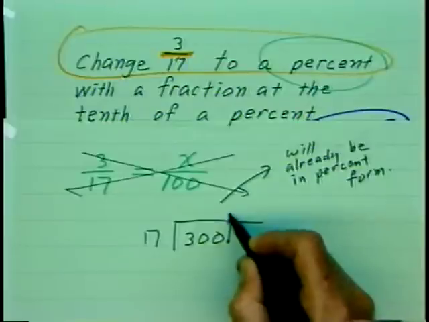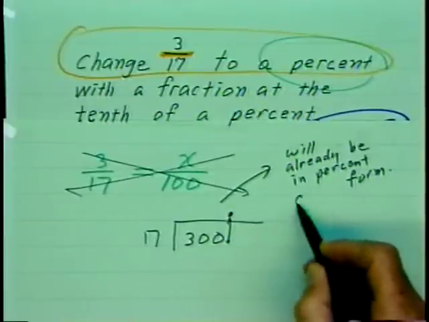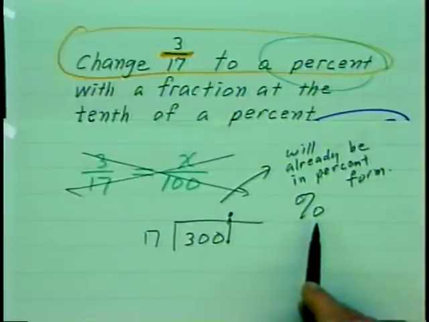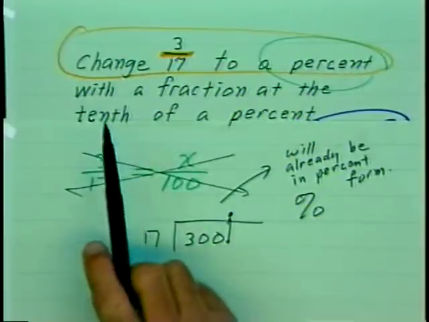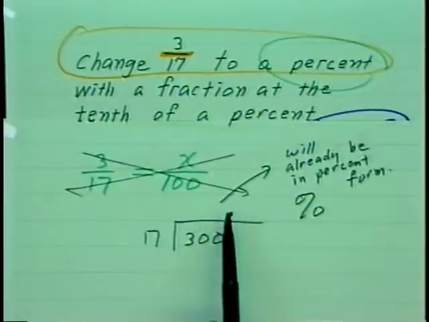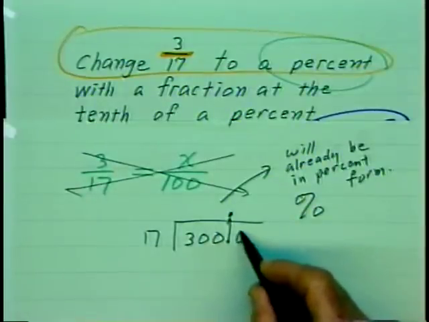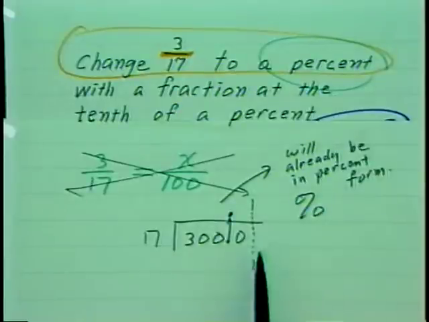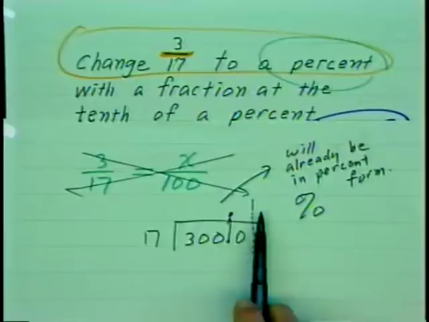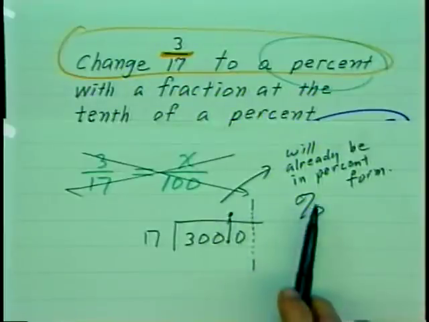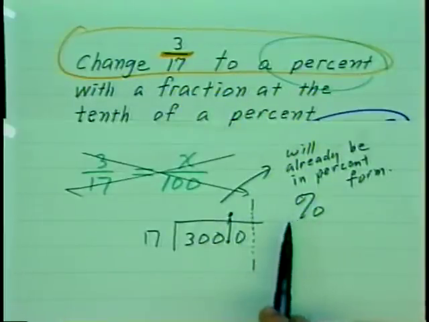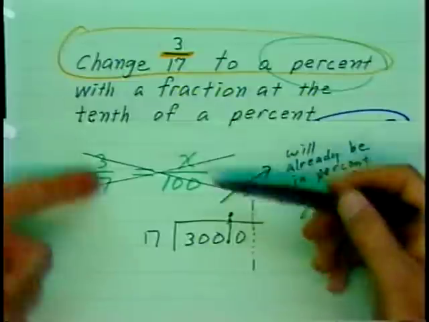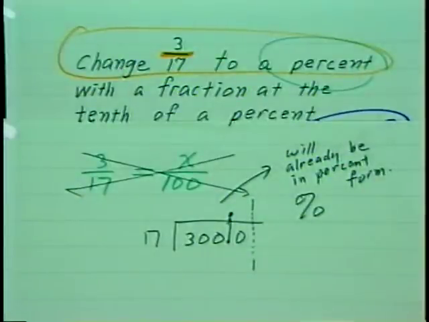I'll move it straight up, and that's going to be in percent form. So let's go ahead and stick the percent sign on it. But the problem says it wants me to go to the nearest tenth of that percent, so I'm going to go one more place, and then give my remainder as a fraction at that tenth of a percent. So I just follow through on what the proportion really is directing me to do.